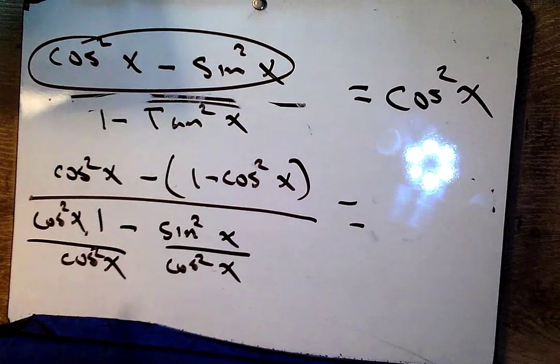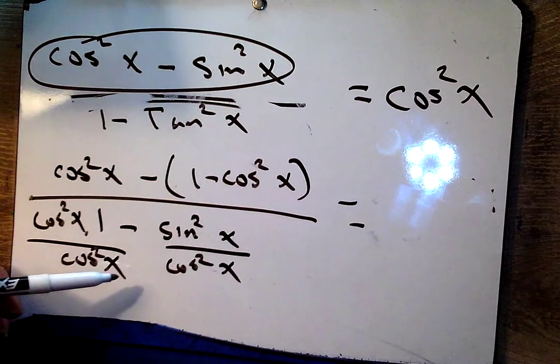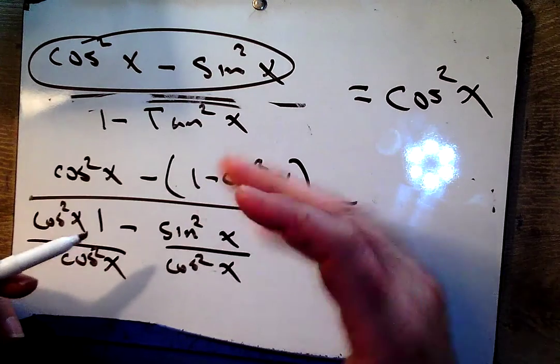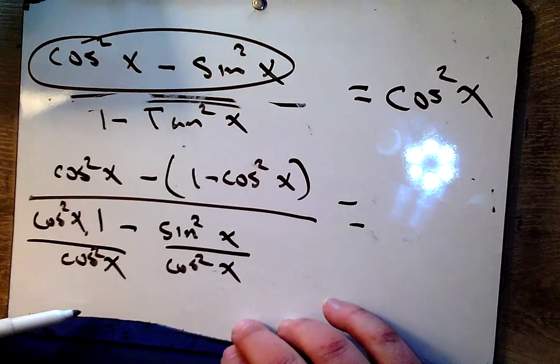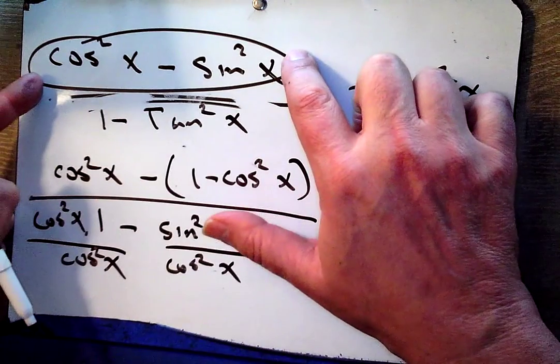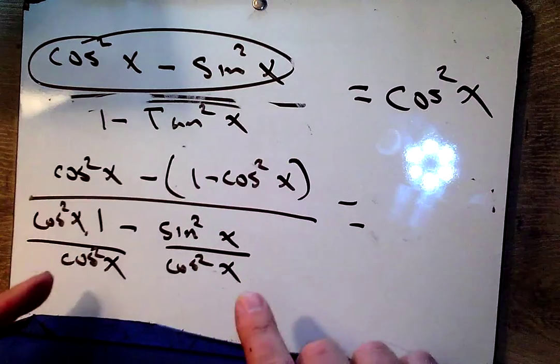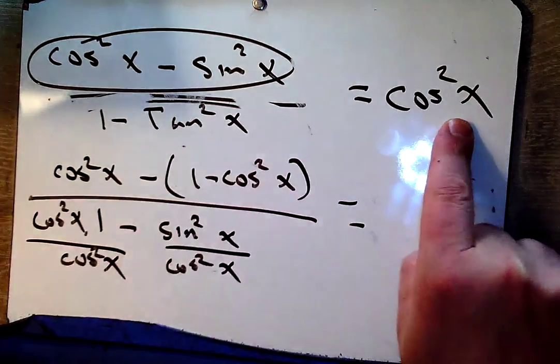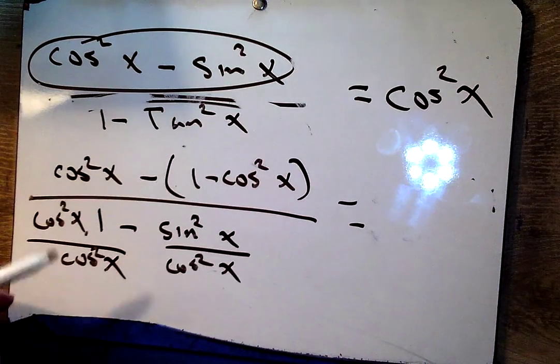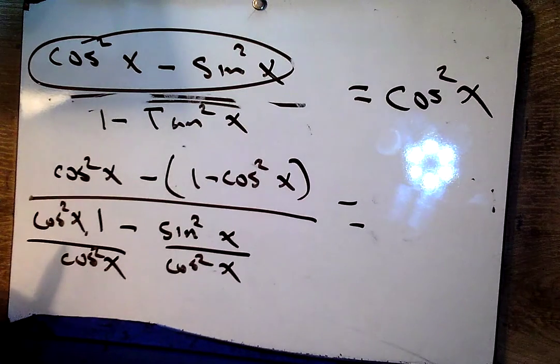You know, this is something I haven't talked about in the videos. But it sometimes happens where you're going and going and going. And then you say, oh, look, there it is. And really what you're supposed to say is, I'm trying to turn this into that. Right. Okay. So let's see what I can do here.